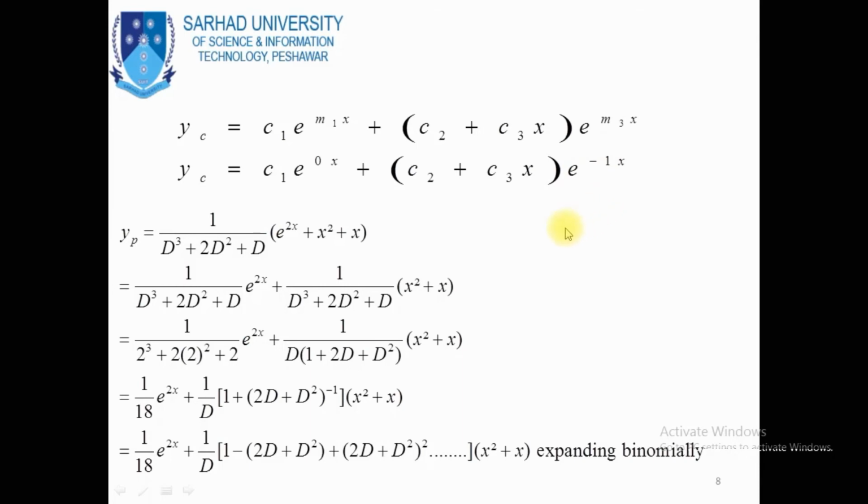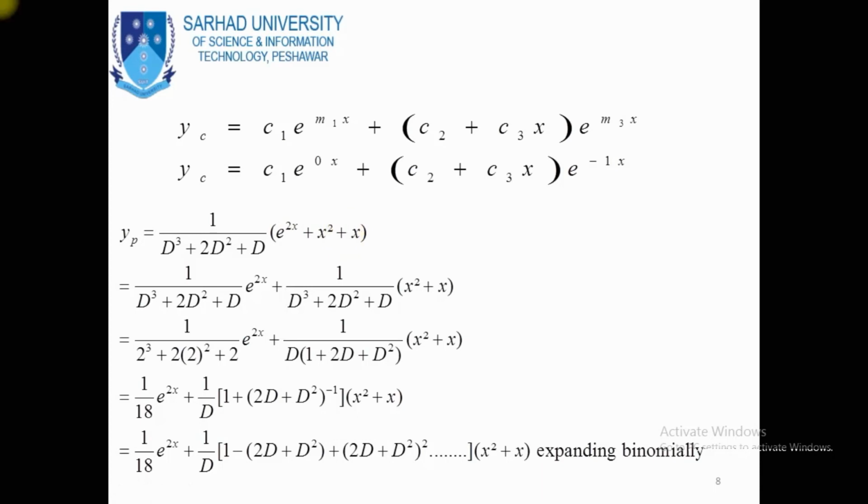Now to find the particular solution for the non-homogeneous third order linear differential equation, we write 1 over the differential operator D cube plus 2D square plus D into the right hand side function. In the right hand side function, we obtain two different forms of functions. One is the exponential and the other is the polynomial, x square plus x.